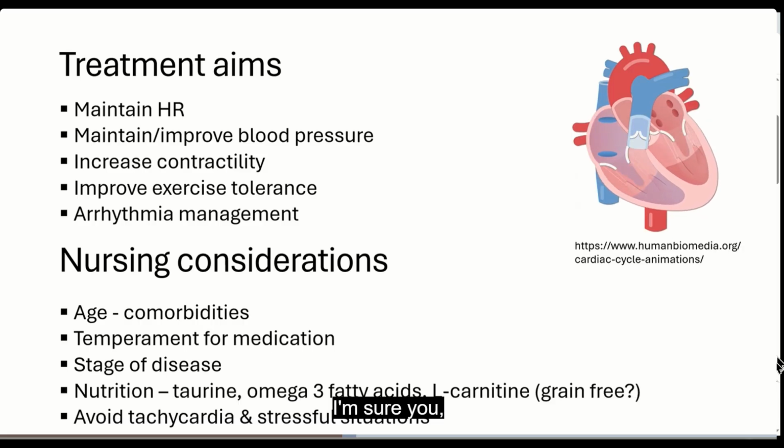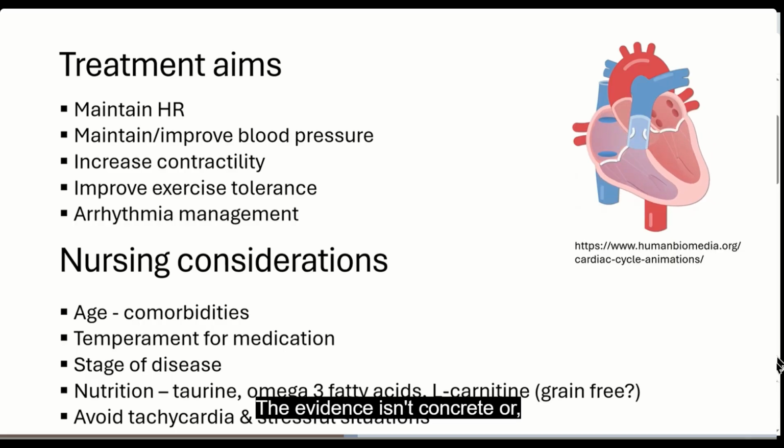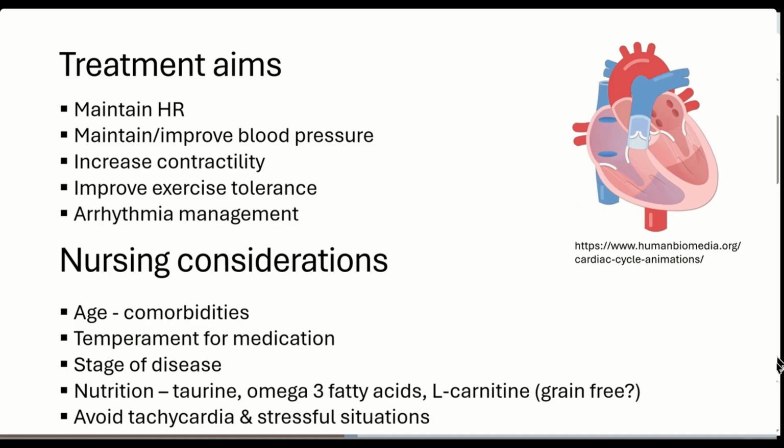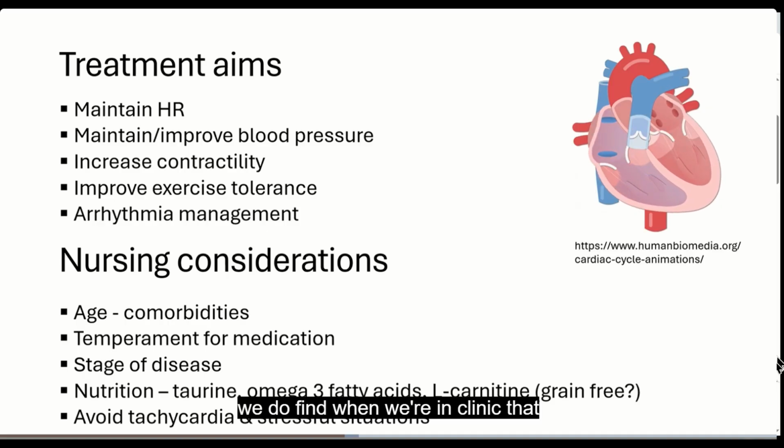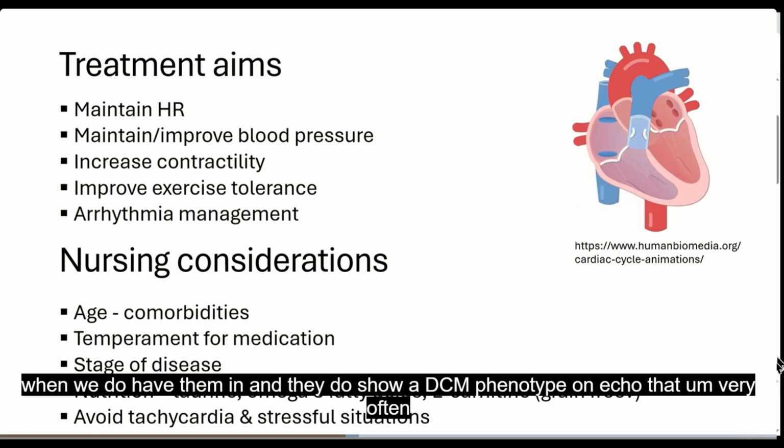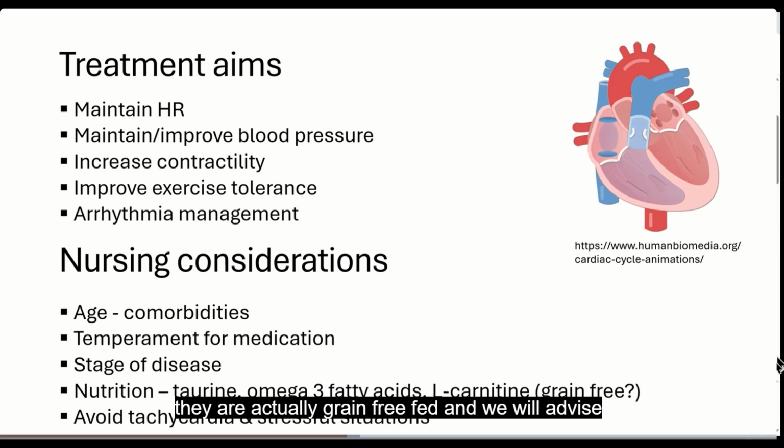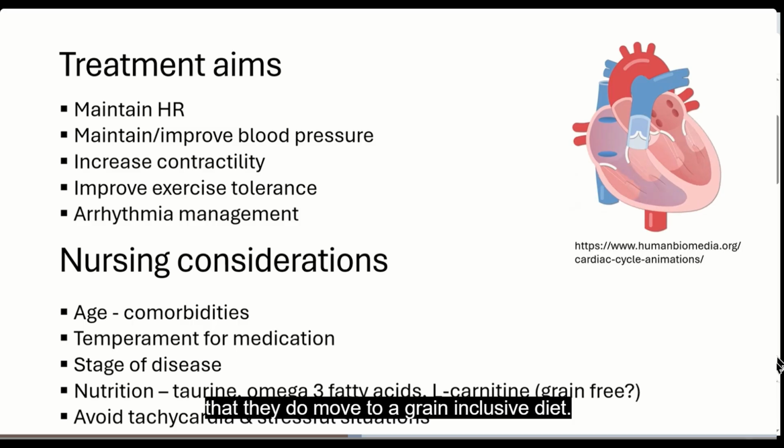I'm sure you have heard of it. It's quite widely known. The evidence isn't concrete or anywhere near concrete actually, but we do find in clinic that particularly with the spaniel breeds, when they do show a DCM phenotype on echo, very often they are grain-free fed, and we will advise that they do move to a grain-inclusive diet.